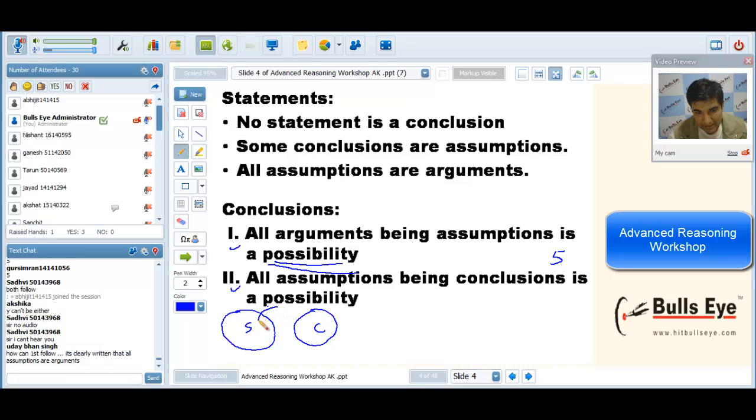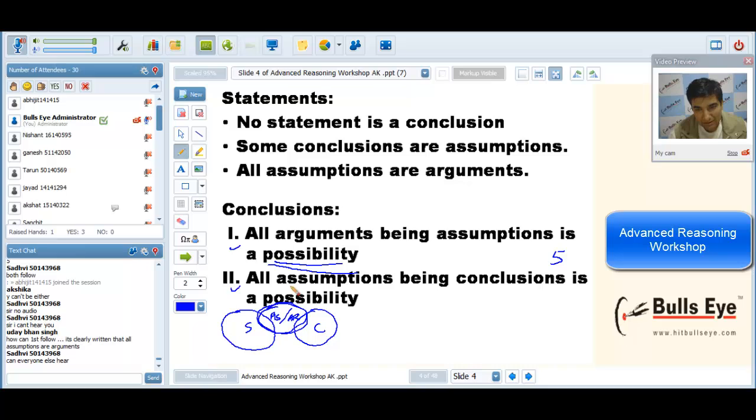I can say that there's a single circle which represents assumptions as well as arguments. This is just one scenario, maybe in a million. So all arguments being assumptions is a possibility.